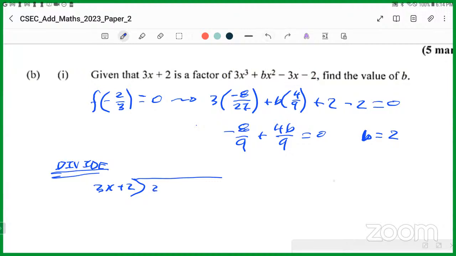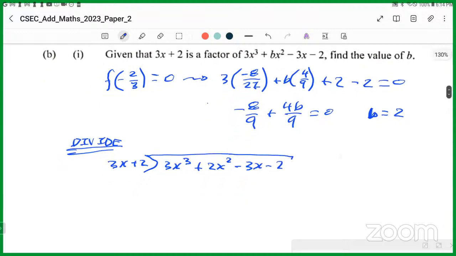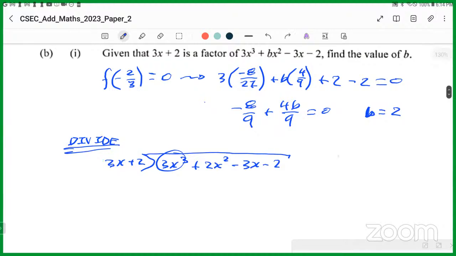So that is 3x cubed. The b is 2, so this is 2x squared minus 3x minus 2. So this divided by this gives me an x squared. Then this times back these gives me 3x cubed, and this times this is 2x squared.